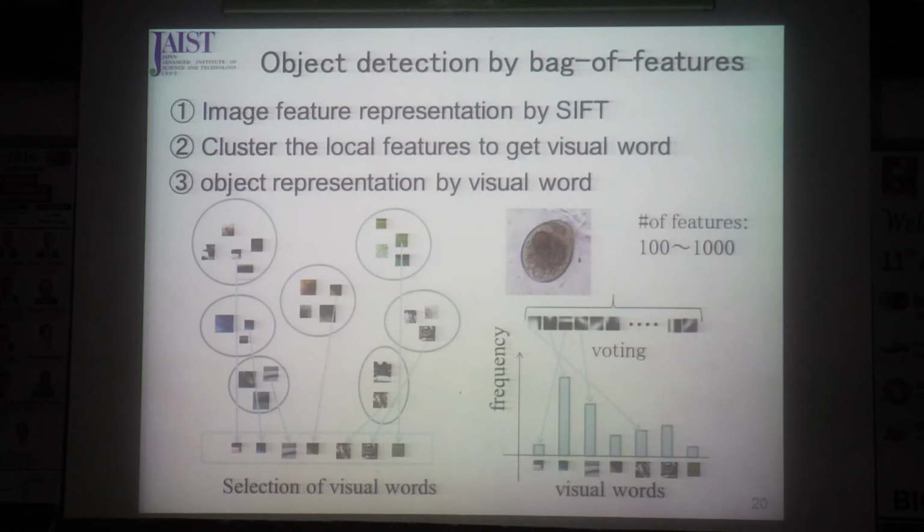And how we can do this by image processing is something like this. First, we decompose the image of this kind of parasitic worm into pieces, classify similar visual pieces together, and accumulate how many visual parts appear in this image.